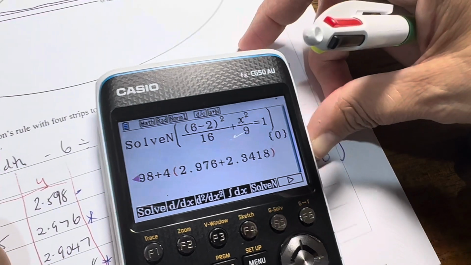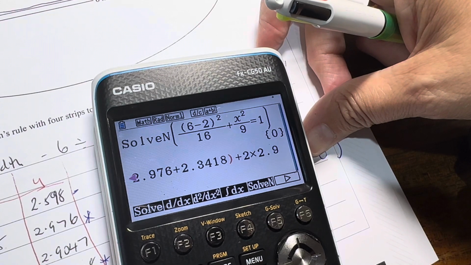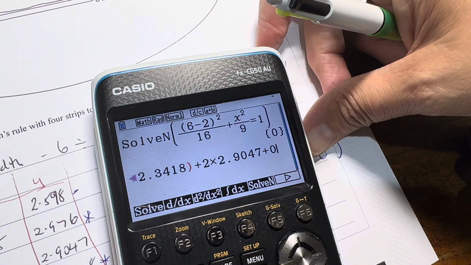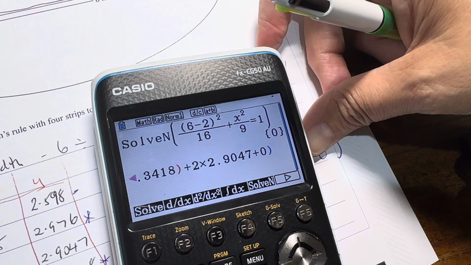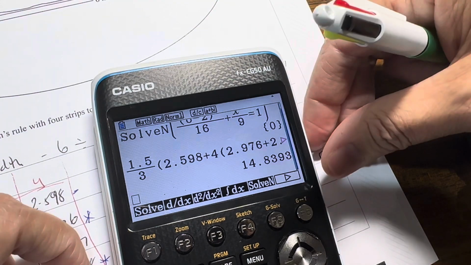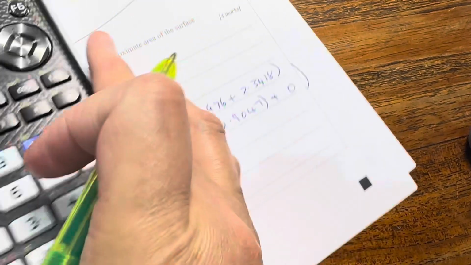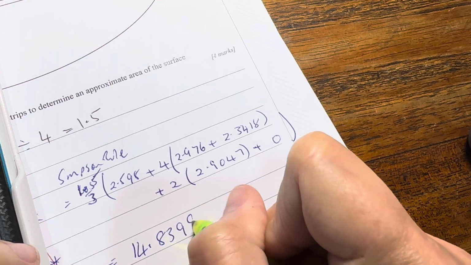Close my brackets. Plus 2 times 2.9047 plus our last end, which was just a 0. So really a bit pointless, but we'll put it in there. Execute, and we get our area as 14.8398.